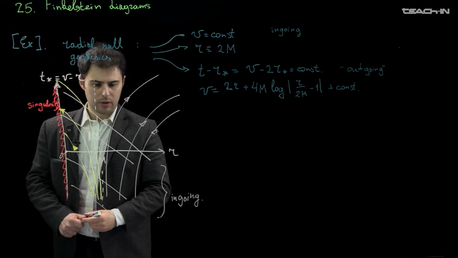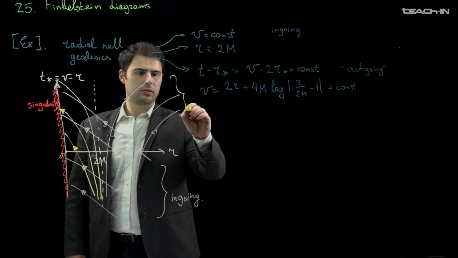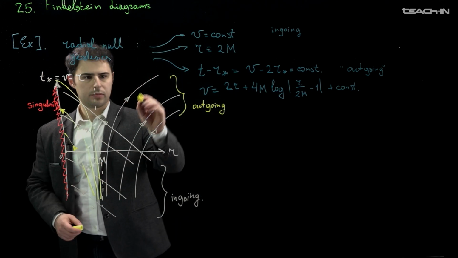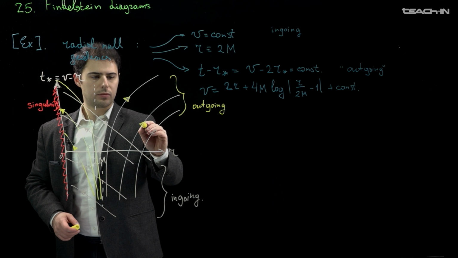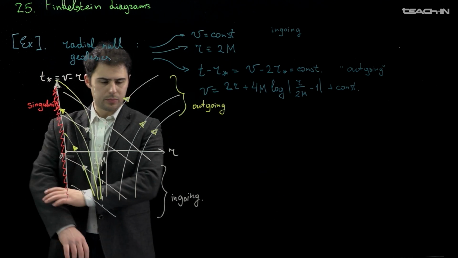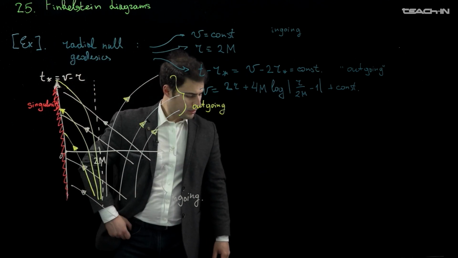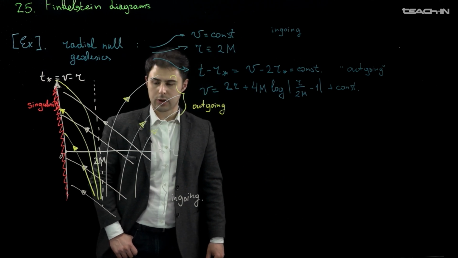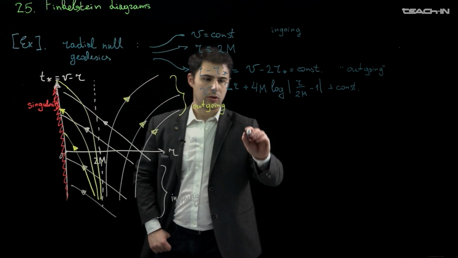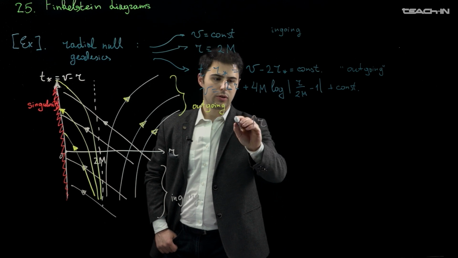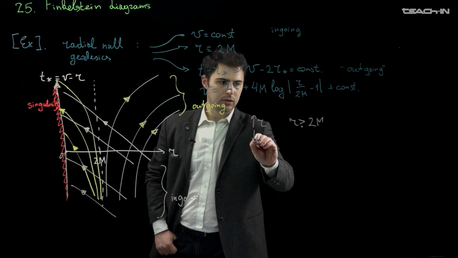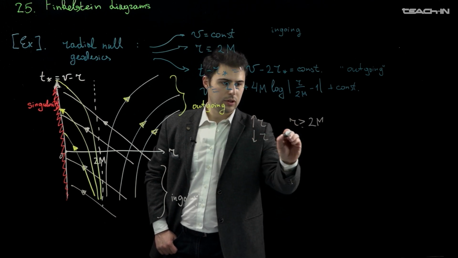So these are outgoing. As we can see for the outgoings, the radial coordinate is increasing if R is greater than 2M, and decreasing if R is less than 2M.